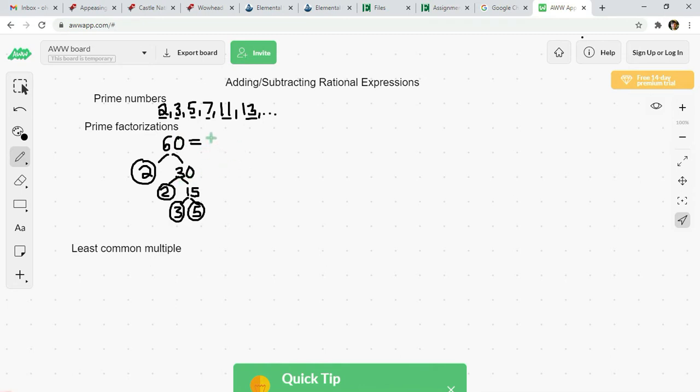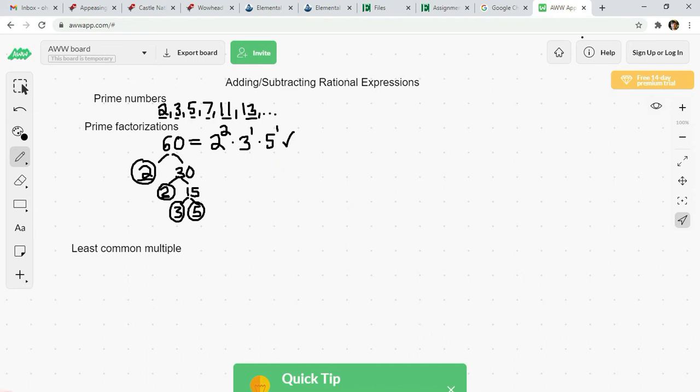We can write it as 2 squared, that's because there are two 2's listed, times 3 to the first power, because there's one 3, times 5 to the first power. You can check that 2 squared times 3 times 5, 4 times 15, is 60, so this does check out. So we've got the prime factorization of 60 here.